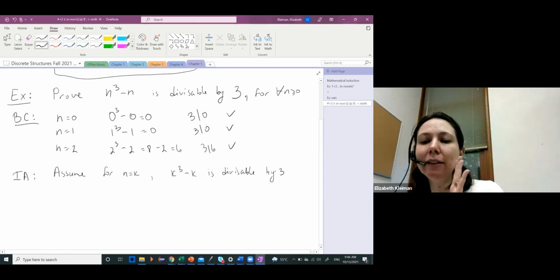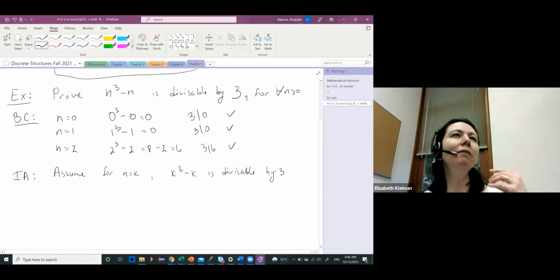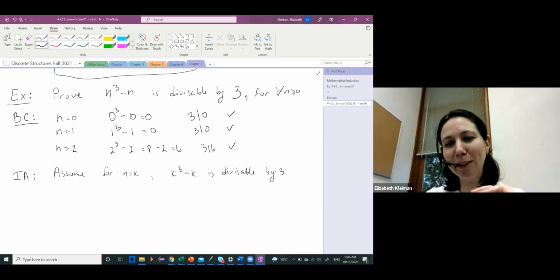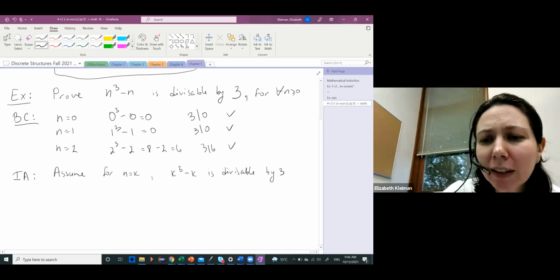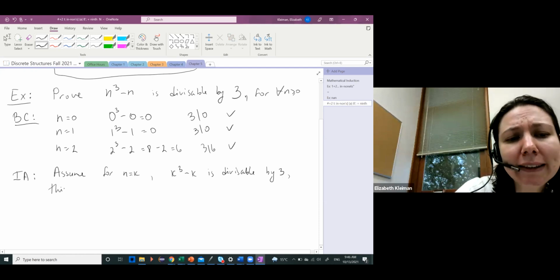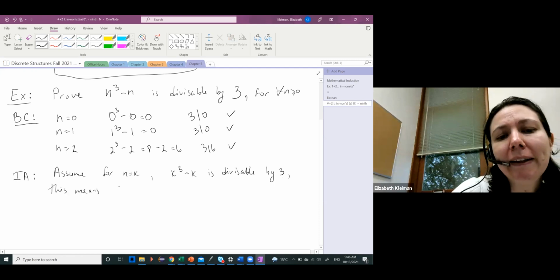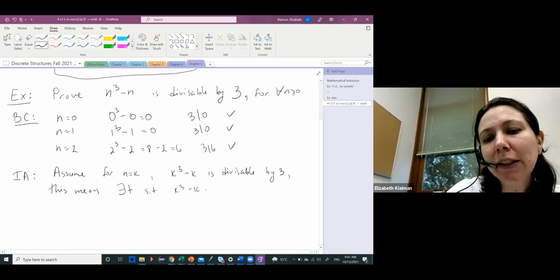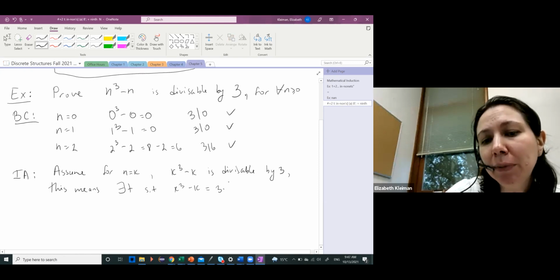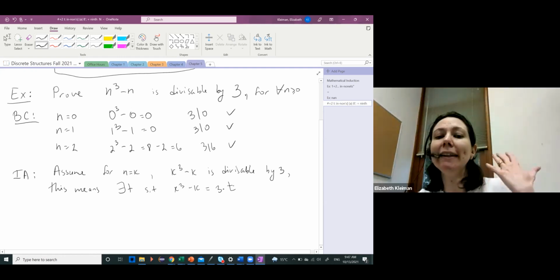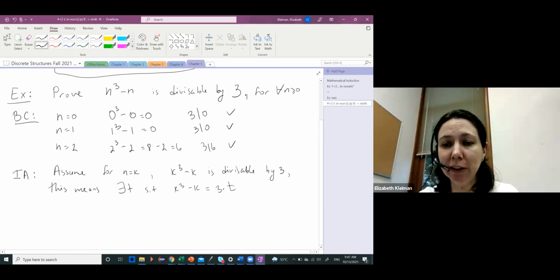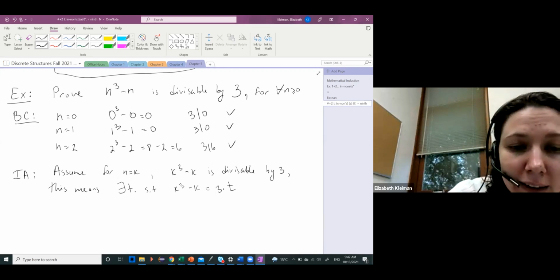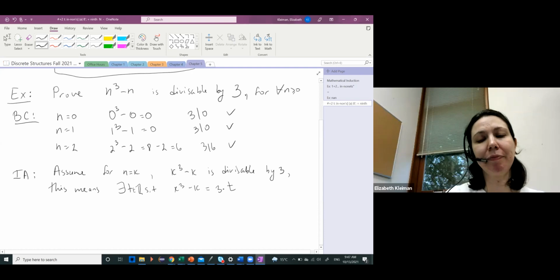When I use keywords like divisible or even, I always need to use the mathematical definition to help me out. So this means there exists t such that k cubed minus k is equal to 3 multiplied by t. How did I get it? This is the definition of divisibility, correct? I can represent it as 3 multiplied by something, and this something has to be an integer.